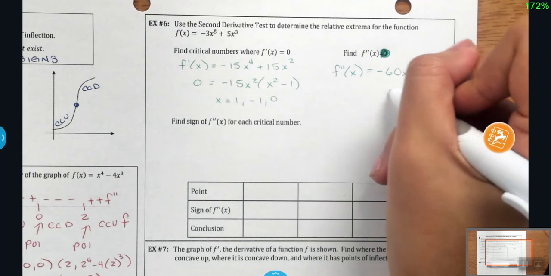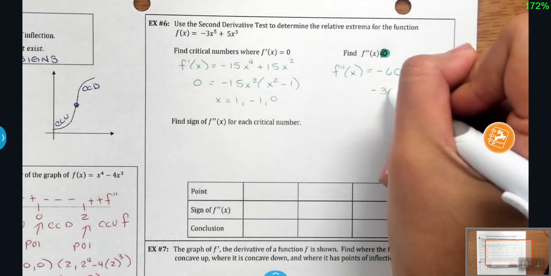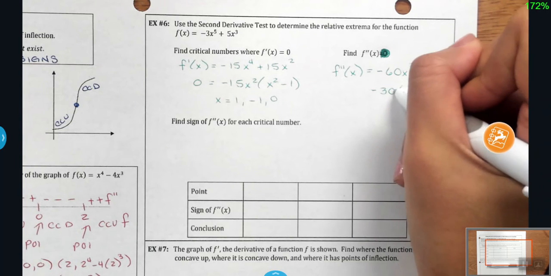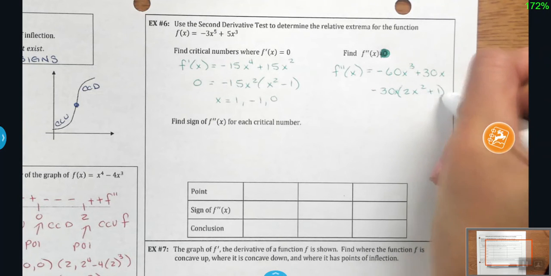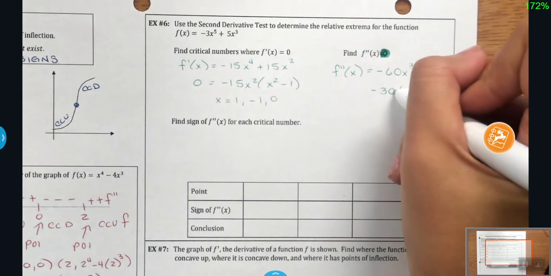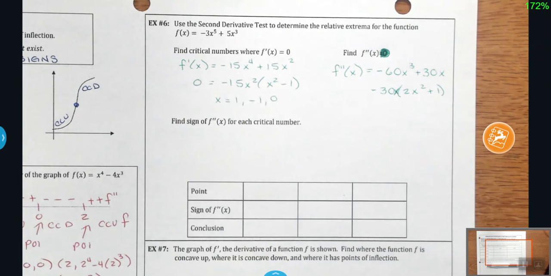Sometimes it's easier when you're plugging in to factor it, so that you have it nice and factored. Otherwise the numbers sometimes get really big.